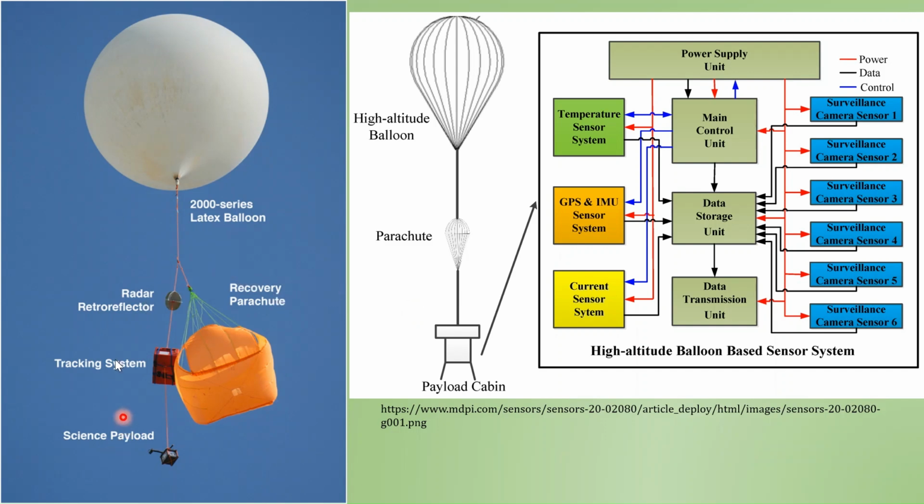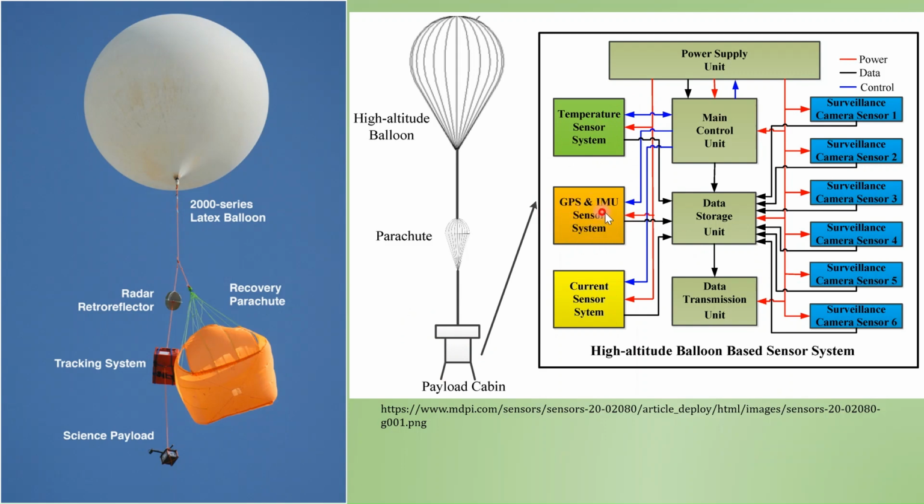Here we can see radar, retroreflector, then we have the recovery parachute, tracking system, and then the science payload. In this image, we can see a schematic diagram of the sensor system which is placed in the payload cabin. Here we have the temperature sensor system, GPS and the IMU sensor system.